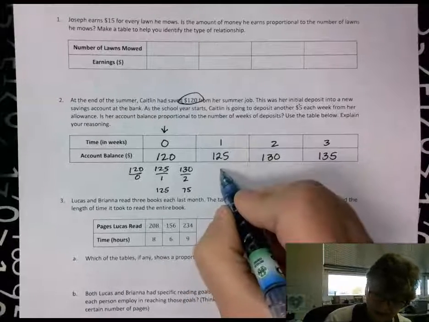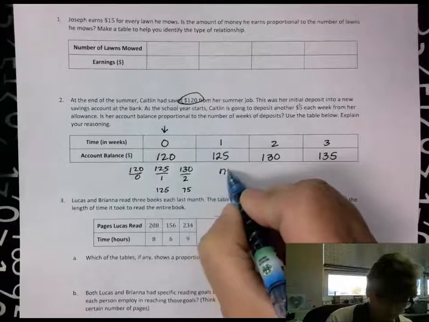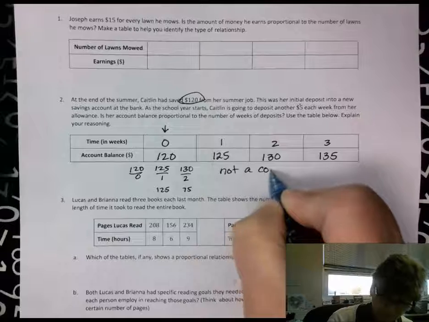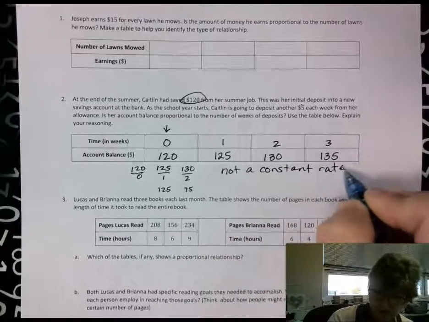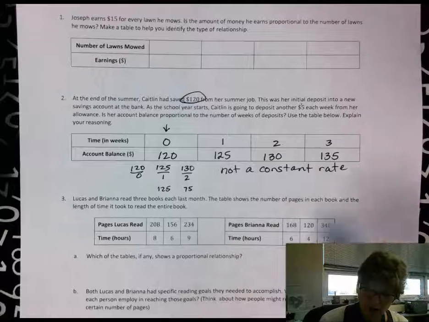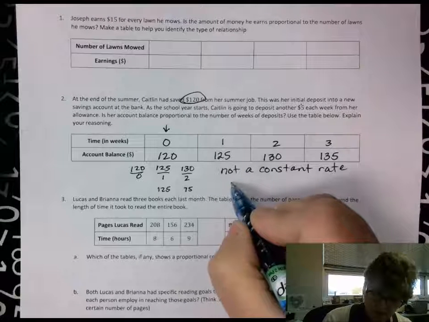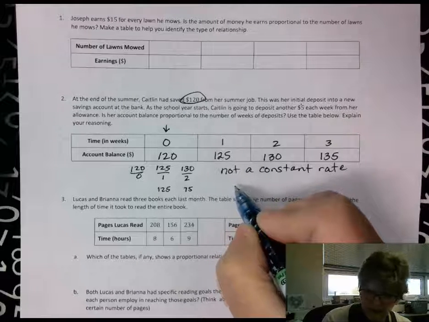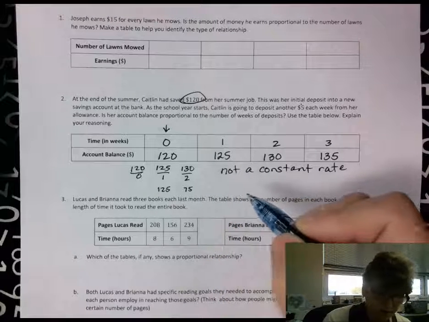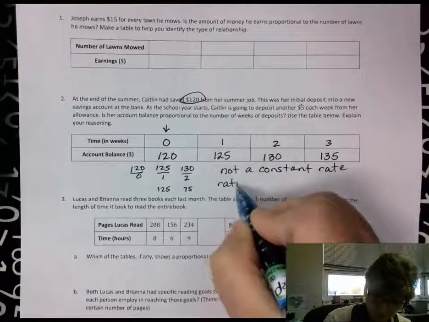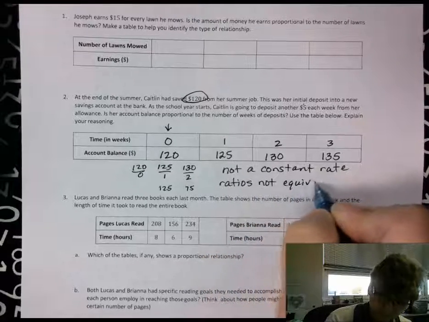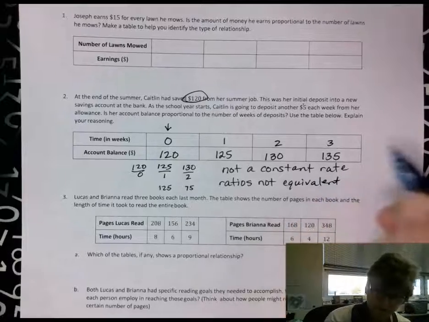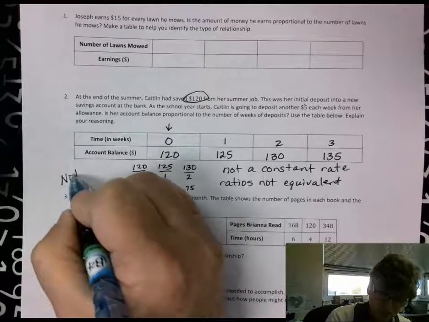It does not have a constant rate. The ratios of account balance per week are not equivalent. So therefore, it is not proportional.